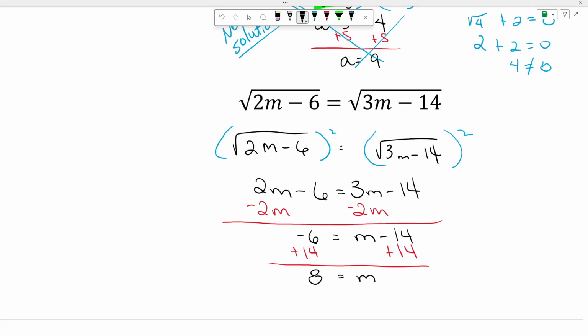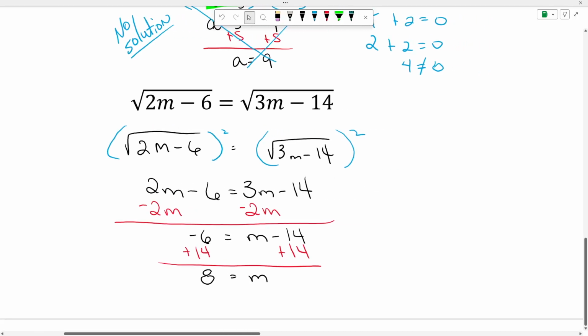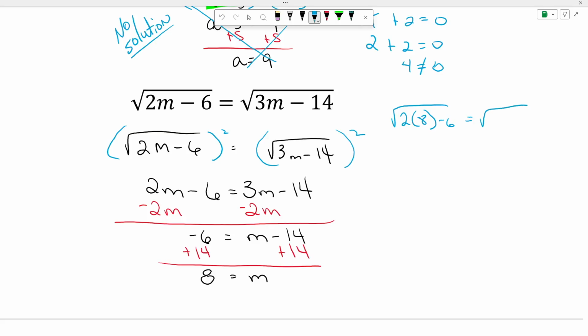Let's check our solutions and make sure they're okay. So to check it, I'm going to go back to my original equation. Square root of 2 times 8 minus 6 is equal to the square root of 3 times 8 minus 14.